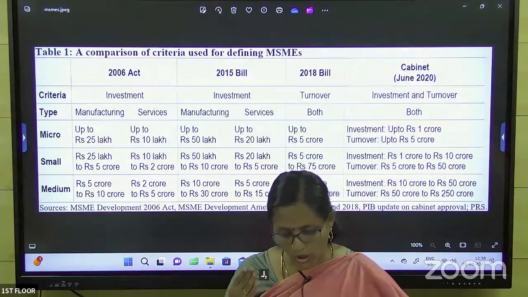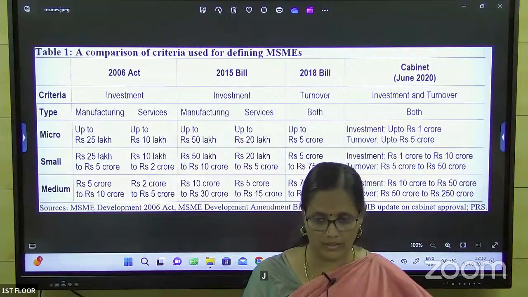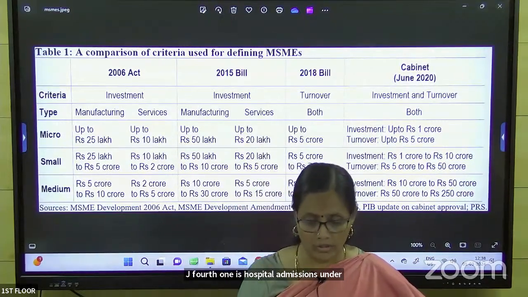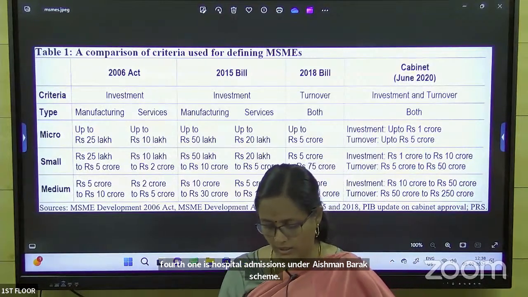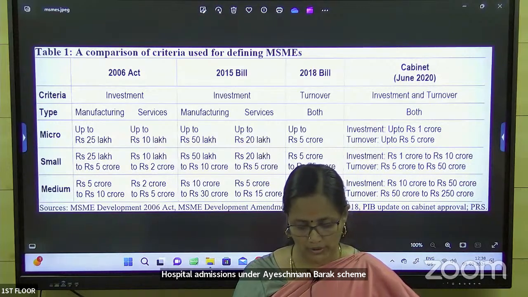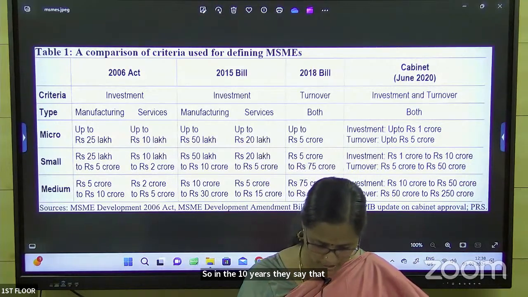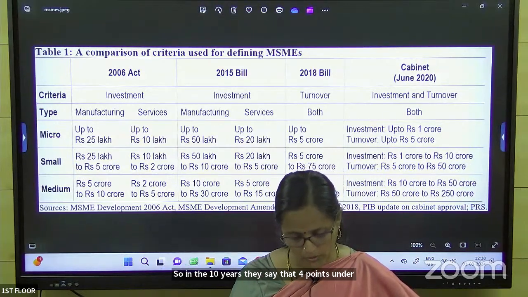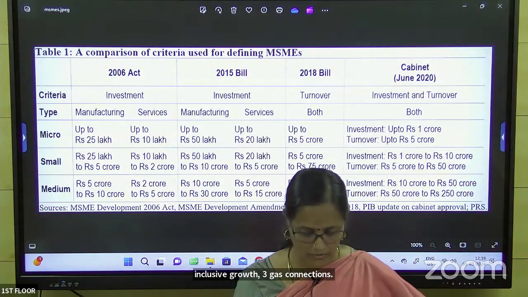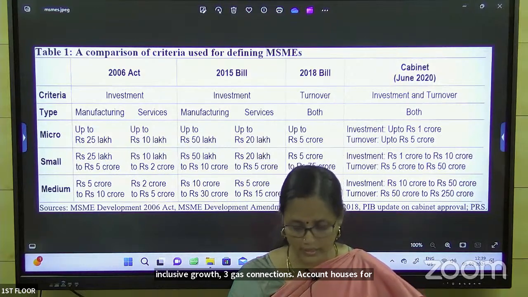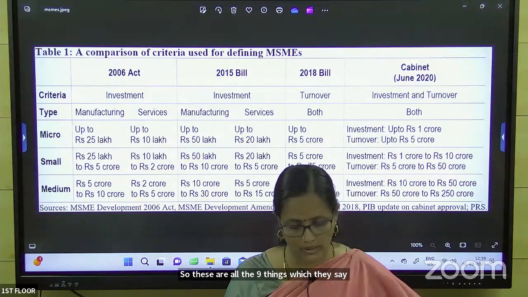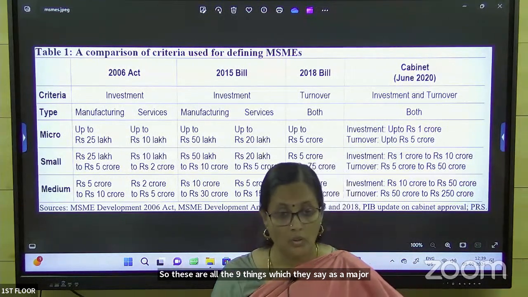Fourth one is hospital admissions under the Ayushman Bharat scheme. So in the 10 years, they say there are four points under inclusive growth: free gas connections, pakka houses for the poor with toilets, Jan Dhan accounts, hospital admissions under the Ayushman Bharat scheme. So these are all the 9 things which they say are the major growth drivers in the last 10 years.